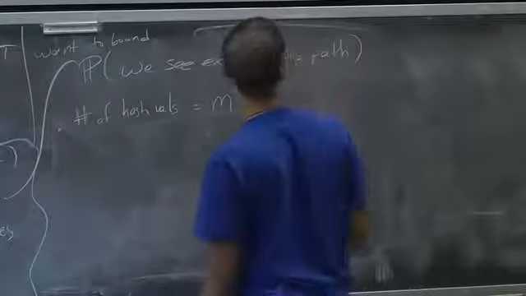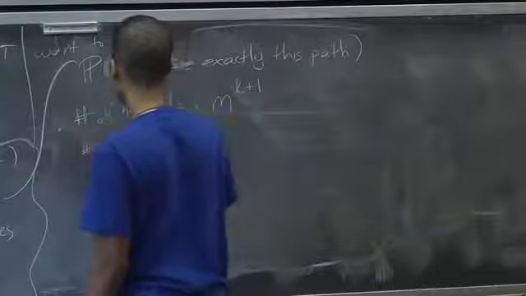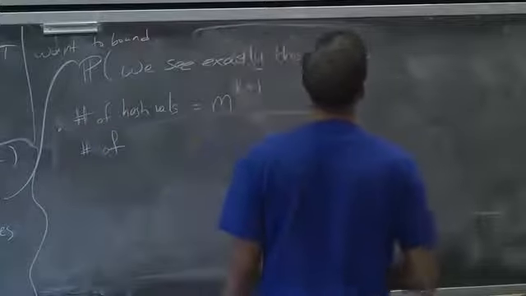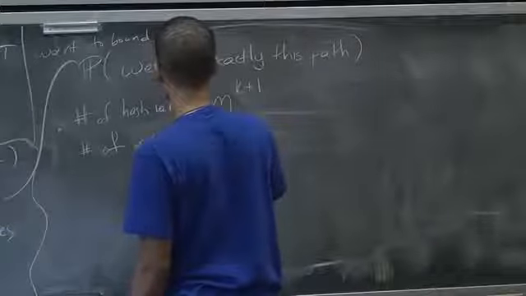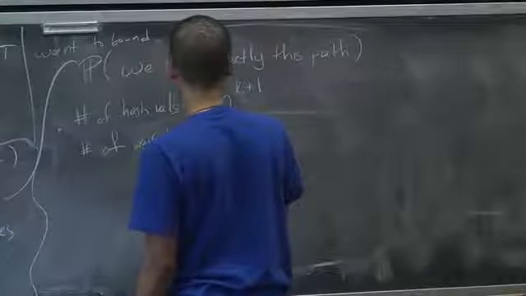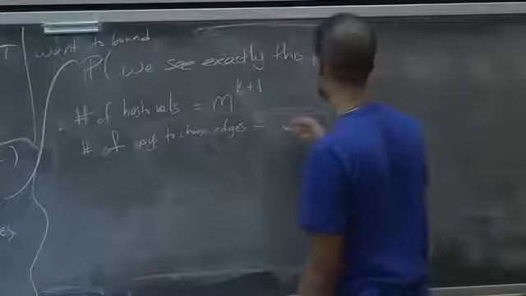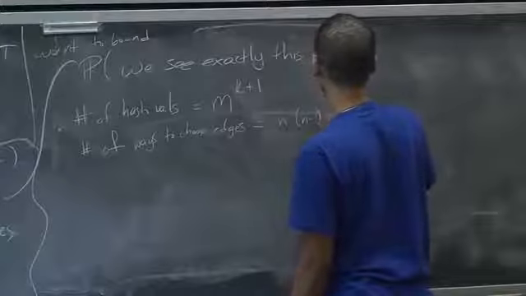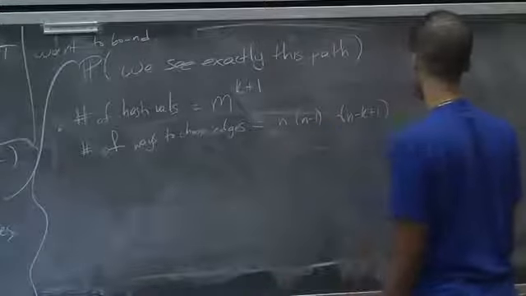So the number of ways to pick the vertices, and also the number of ways to choose edges is n times n minus 1 times up to n minus k plus 1, which is at most n to the k.